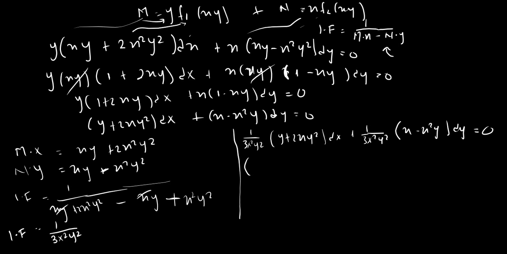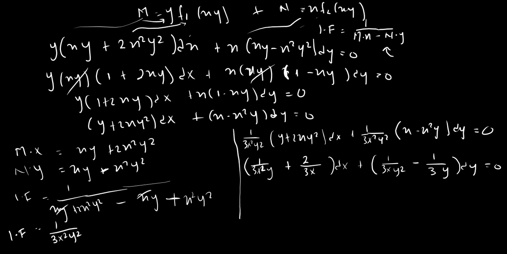We're going to have (1 over 3x squared y plus 2 over 3x) dx, plus (1 over 3xy squared minus 1 over 3y) dy is equal to 0.